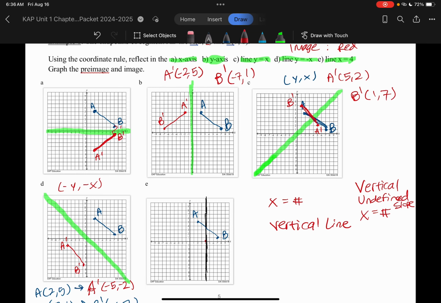So A is 2 away, so when I reflect, it must also be 2 away, giving us A prime to be located here. Same with B prime. B prime is located 1, 2, 3 away, so 3 away after we perform our reflection puts B prime right here, and there would be our image.